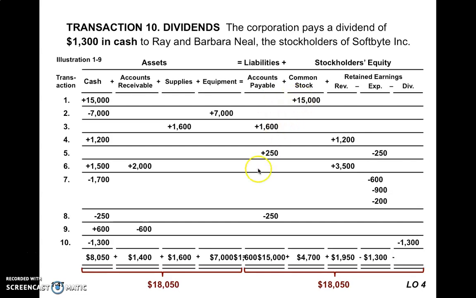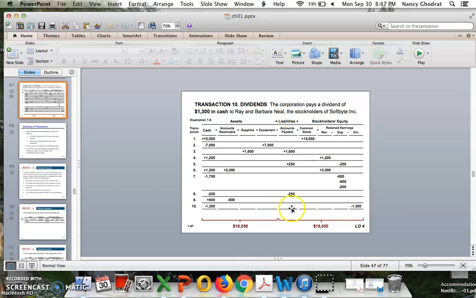And then on the other side, it's a little problem of writing. Accounts payable is $1,600, 15,000 common stock, and let's see if I can fix it. No, unfortunately I cannot.